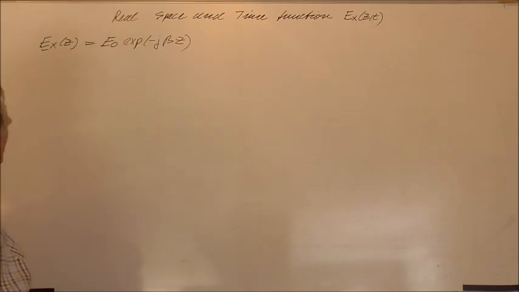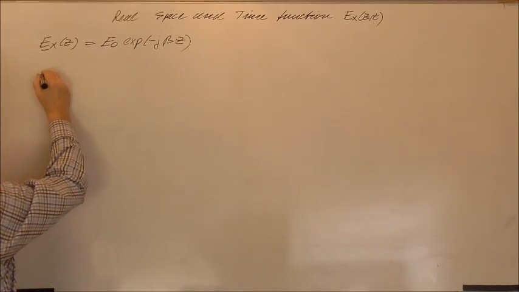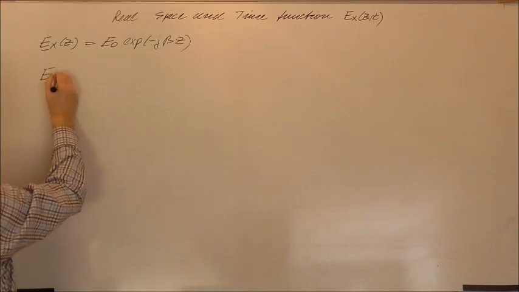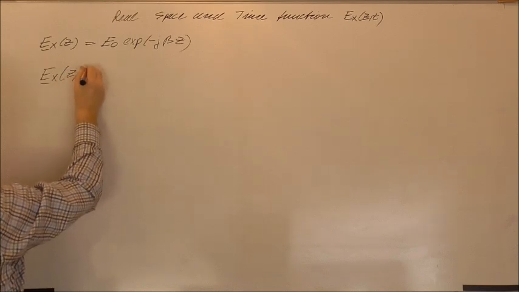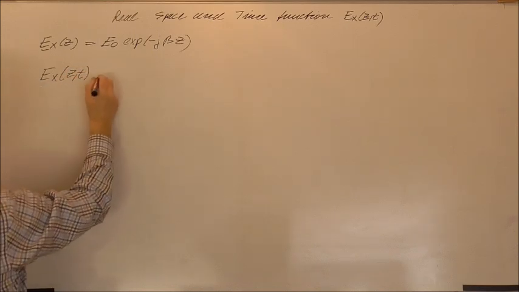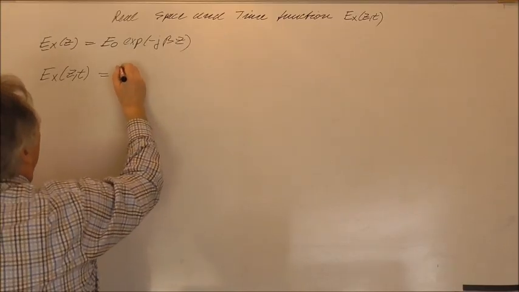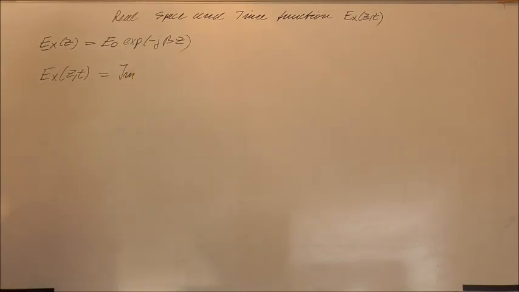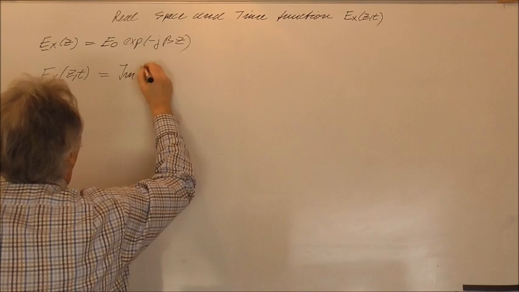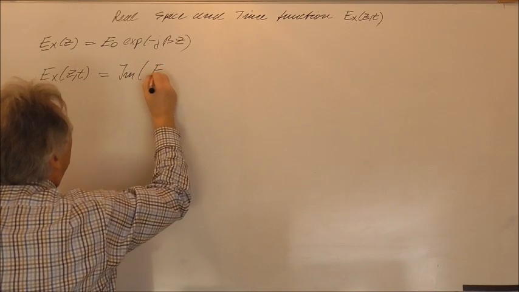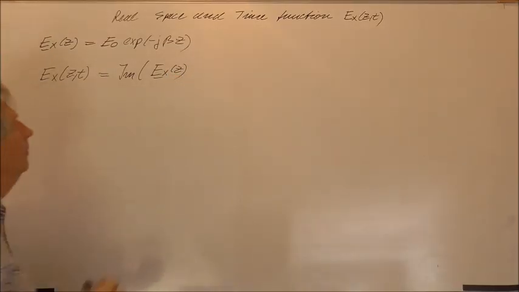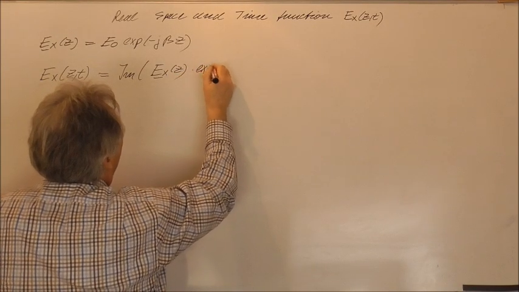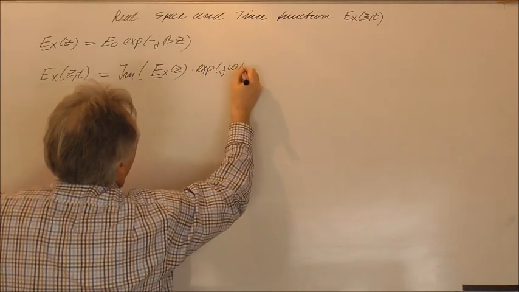And to come back to the real space and time function, we must now use the equation that the real time and space function, oh sorry, it's a real function here, we have to consider the imaginary part of the function Ex of z, and we must multiply this function with the exponential function e to the j omega t.